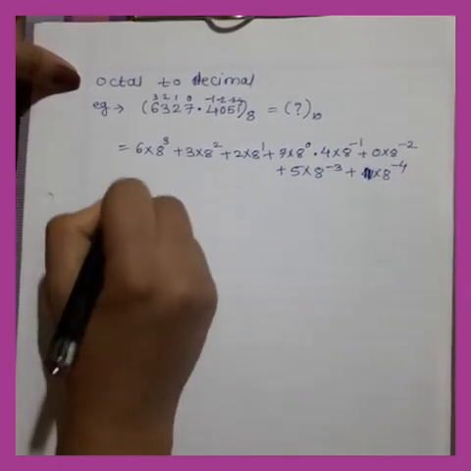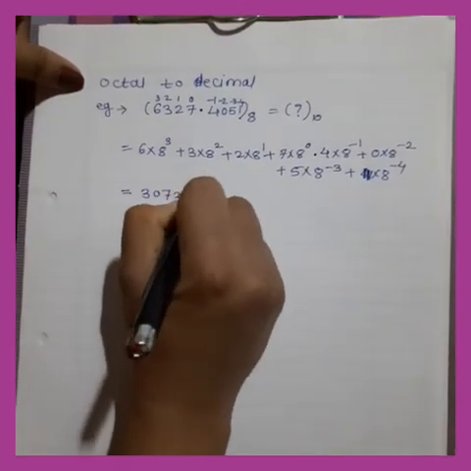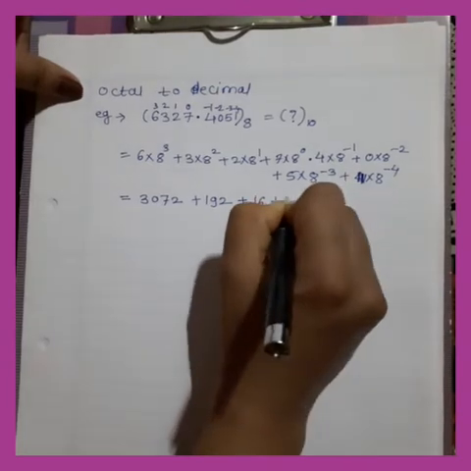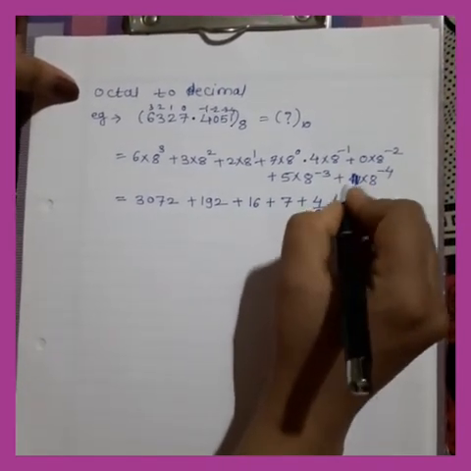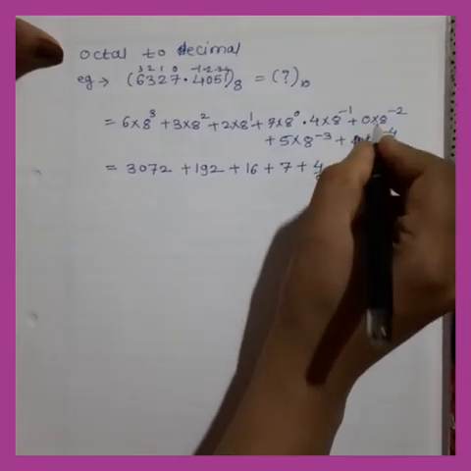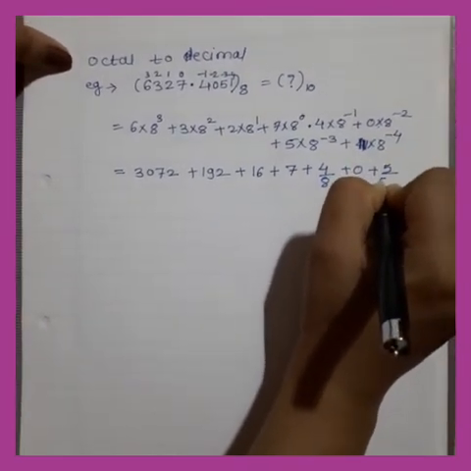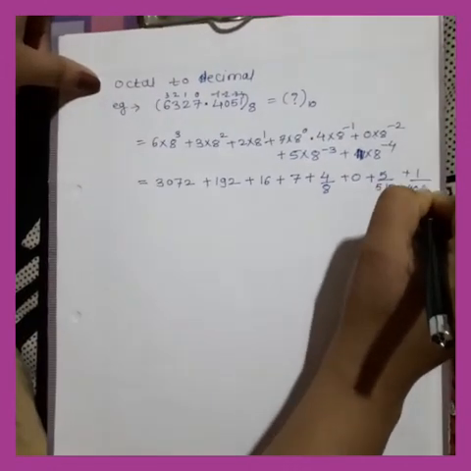So if we simplify this, we get 3072 plus 192 plus 16 plus 7 plus 4 by 8 plus 0 plus 5 by 512 plus 1 divided by 4096.